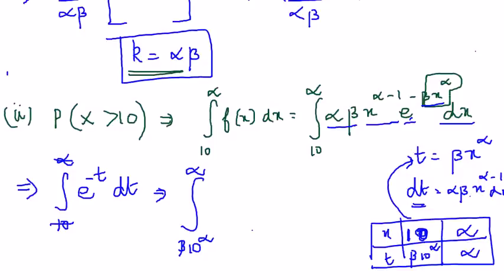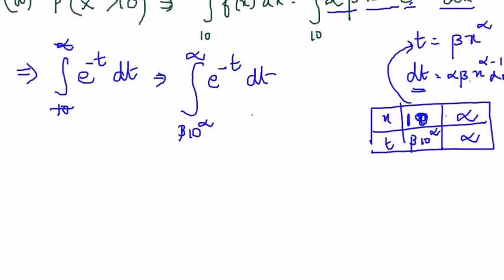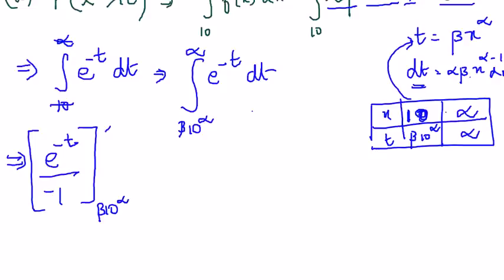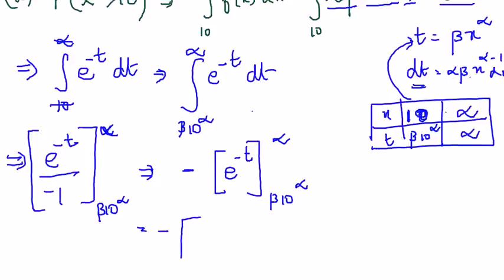E power minus t dt, right? Now you know that the integral of e power minus t is e power minus t by minus 1, between the limits beta 10 power alpha and the upper limit infinity. For convenience, I'm going to take this minus 1 negative sign outside. So it is going to be e power minus t between the limits of infinity and beta 10 power alpha. Now the upper limit e power minus infinity is going to be 0.